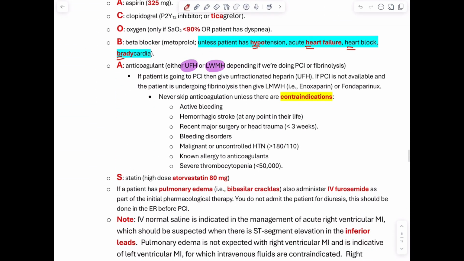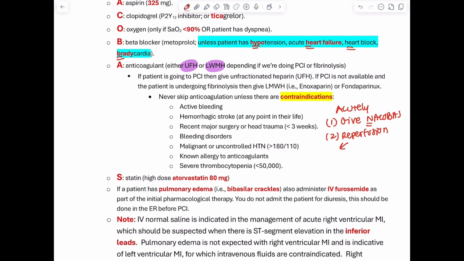So we said that acutely give NACOBS or MONABASH, whatever you're going to use, okay? After we give the list of medication and you've given all of them, you do reperfusion.